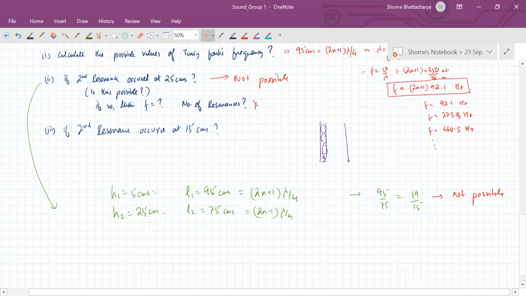So the second resonance will have to be such that the next consecutive one fits exactly the next possible number; in between there should be no other antinode, no other pressure antinode. So you can see that.